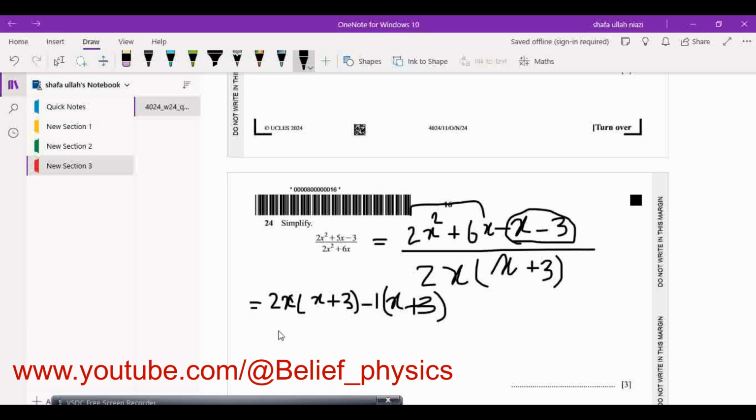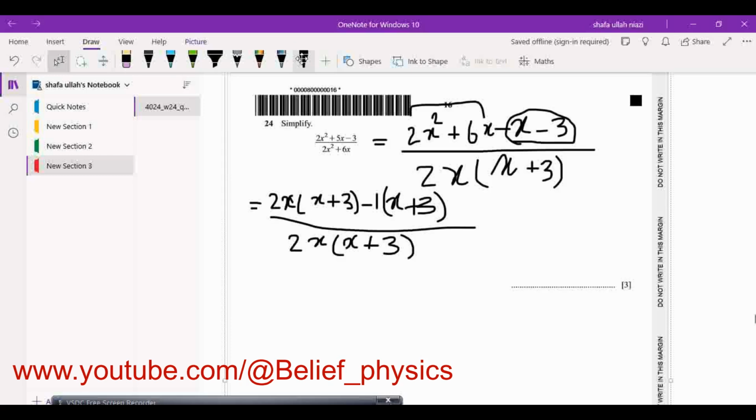And in the denominator we have the simplified expression as 2x into x plus 3. So we can write it like that.